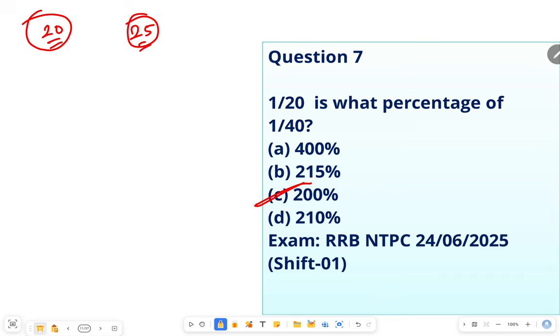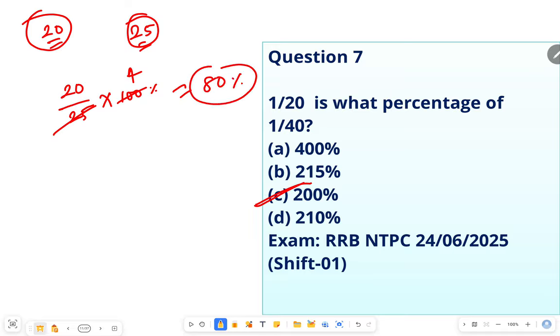We have learned the concept that 20 upon 25 multiplied by how much? 100. Because we know that to change any number in the form of percentage, we have to multiply by 100, right? So it will give me how much? 80%, correct? This you understand.